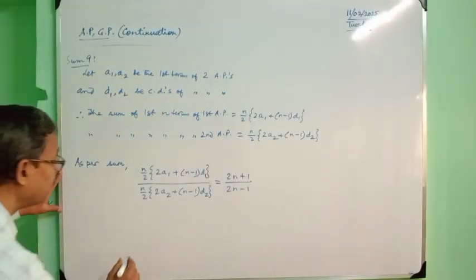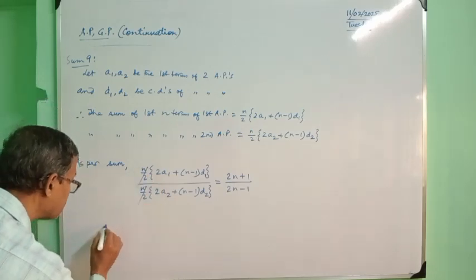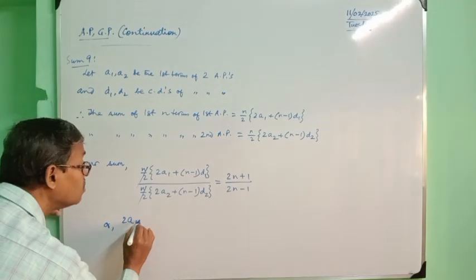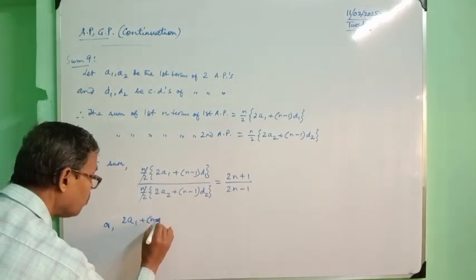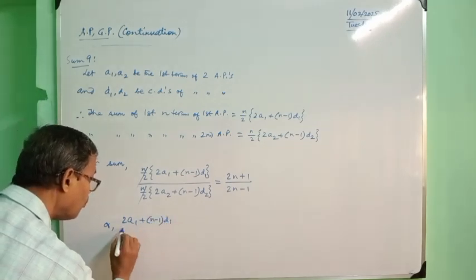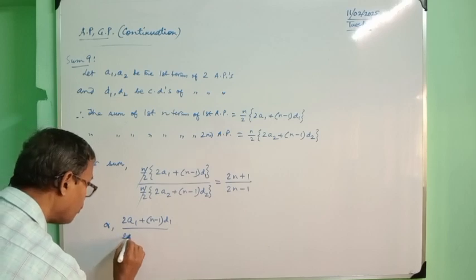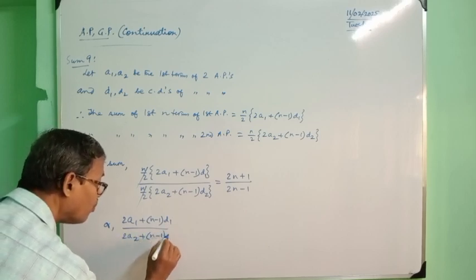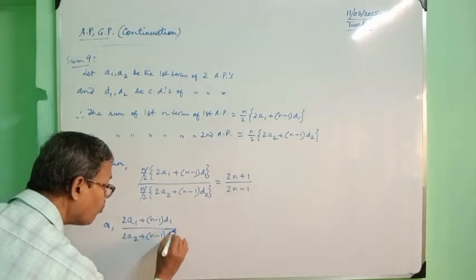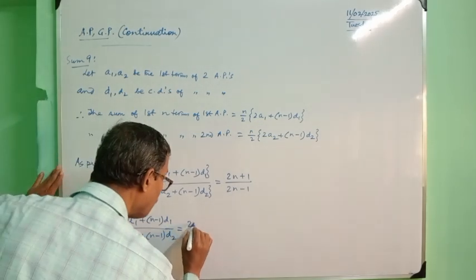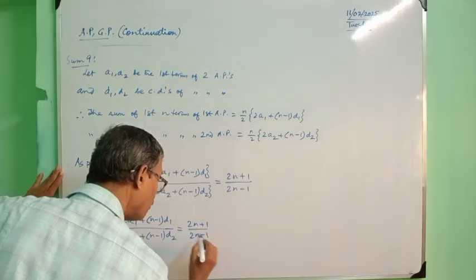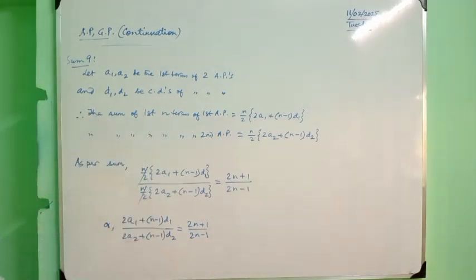On simplification, we get n by 2's cancelled, and we get this relation.